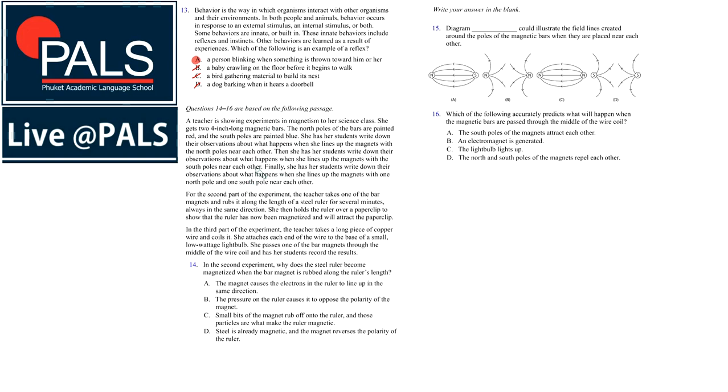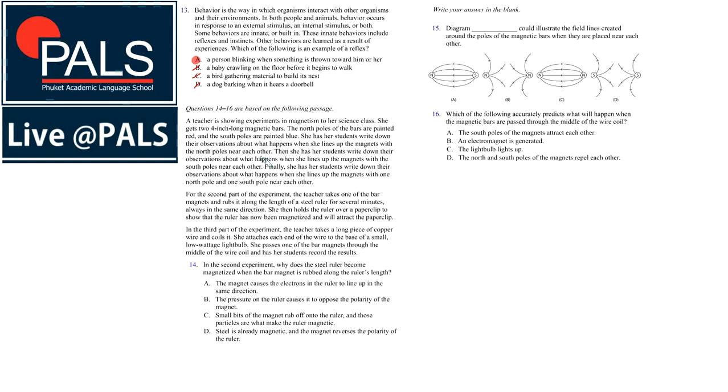So the next paragraph is needed to answer questions 14 to 16. A teacher is showing experiments in magnetism to the science class. She gets two 4-inch long magnetic bars. The north poles of the bars are painted red and the south poles are painted blue. She has her students write down the observations about what happens when she lines up the magnets with the north poles near each other.